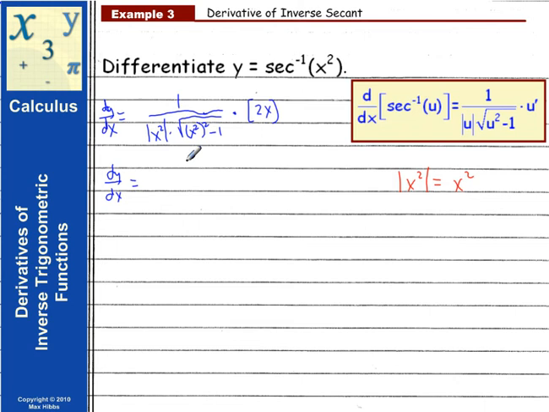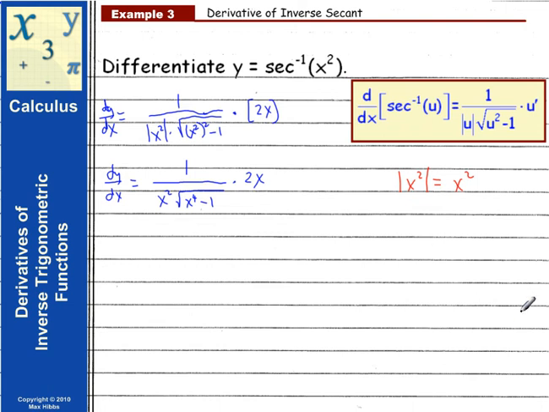We'll have 1 divided by x squared times the square root of. Now, the square of x squared, of course, is x to the fourth, so this becomes x to the fourth minus 1. And then, of course, times 2x.